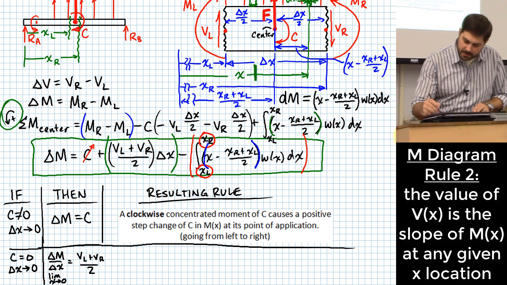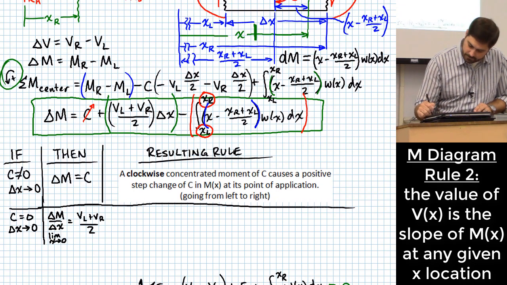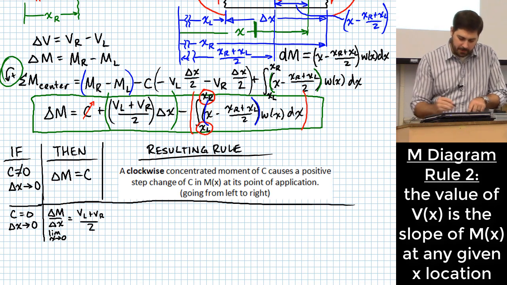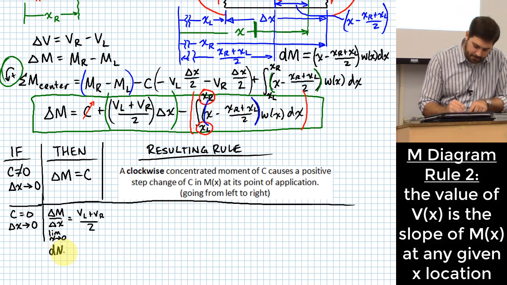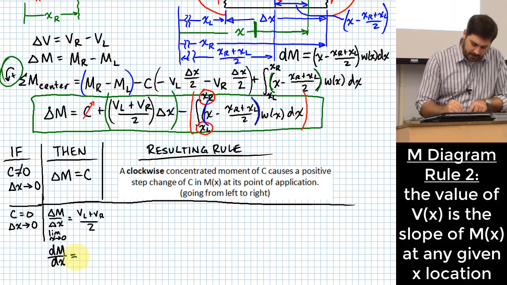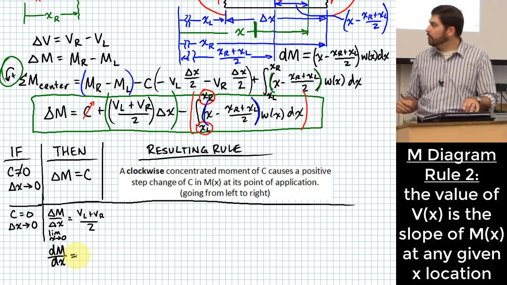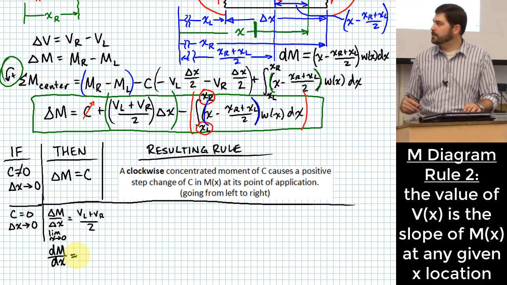So what happens to this? The delta m over delta x becomes dm dx. And if we're taking the limit as delta x goes to 0, what is VL plus VR over 2? What's another way we might be able to say that?